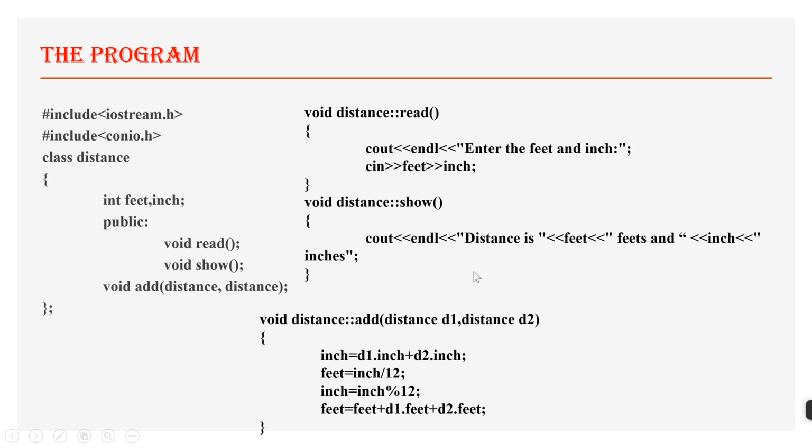Now let us see what we are going to do with the read function: void distance scope resolution operator read. Here I am reading the two values, feet as well as inch. Then the show function: in show we are going to display feet as well as inch.